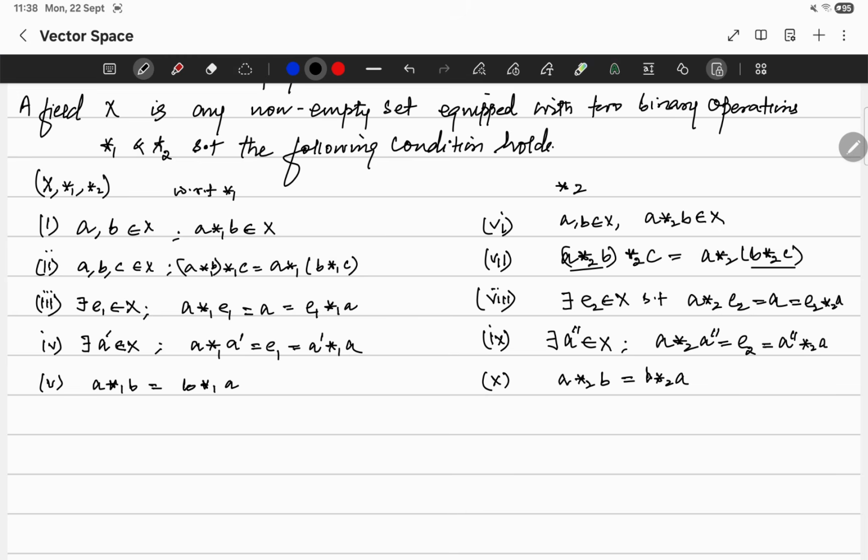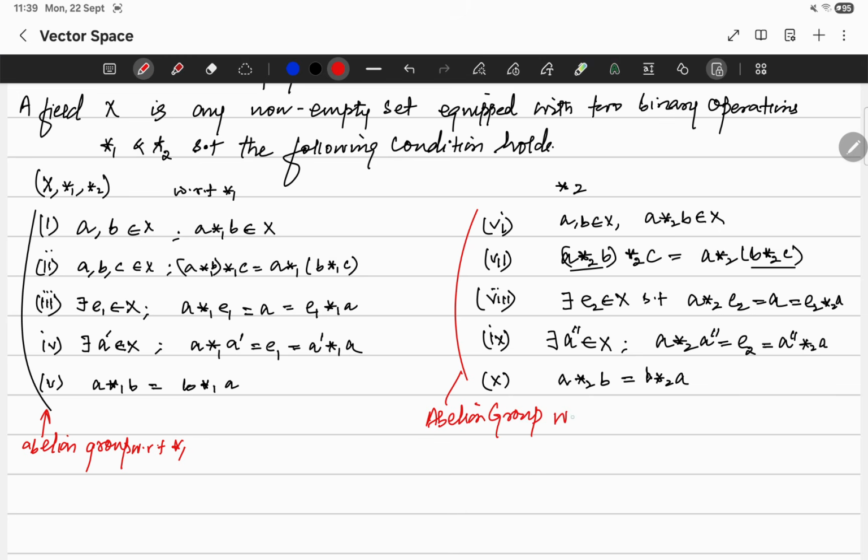You can check, it means that from these properties we can say that it should be an abelian group with respect to *1, and from these properties we can say that it should be an abelian group with respect to *2.